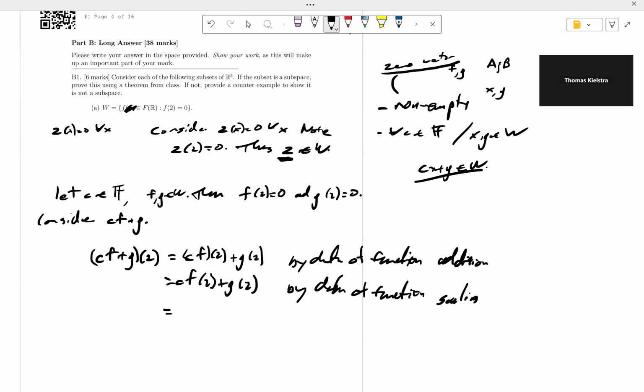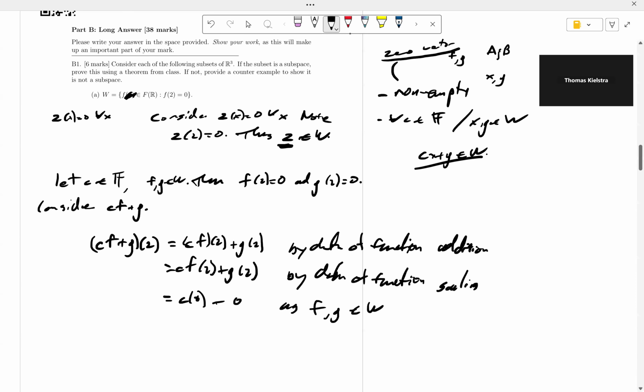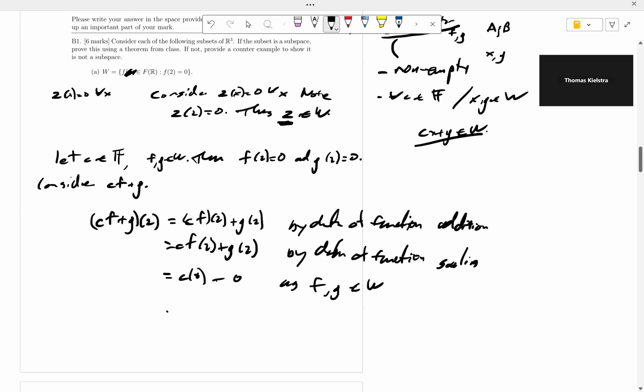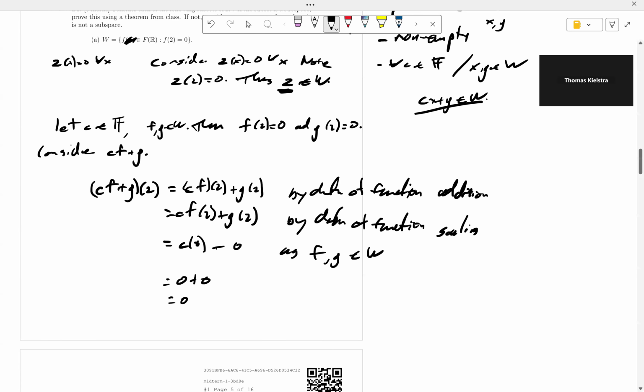And this equals c times 0, because f of 2 is 0, plus 0 as f and g are in W. So this equals 0 plus 0, which equals 0. Now, (cf plus g) of 2 is 0, thus cf plus g is in W.